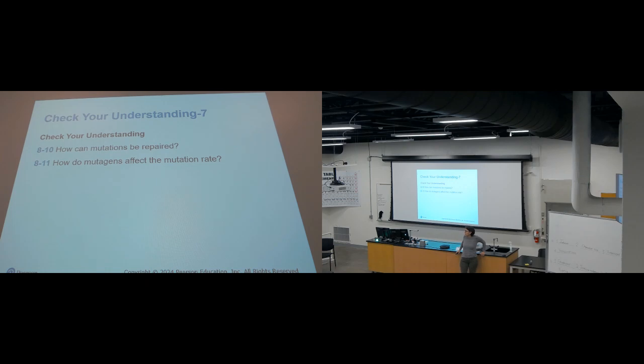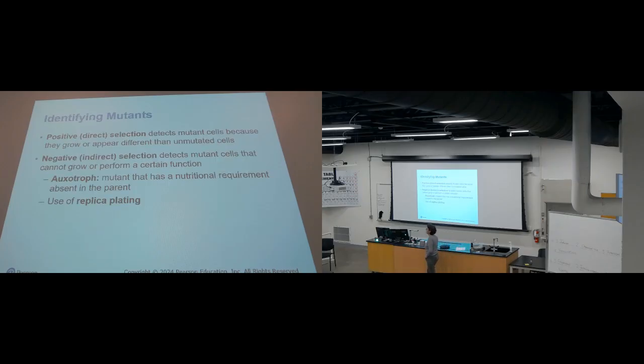And in the case of us, we have checkpoints in our animal cells, right? That prevents these mutations from being, hopefully, carried to the new generations. And then how do mutagens affect the mutation rate? Increase the mutation rate.